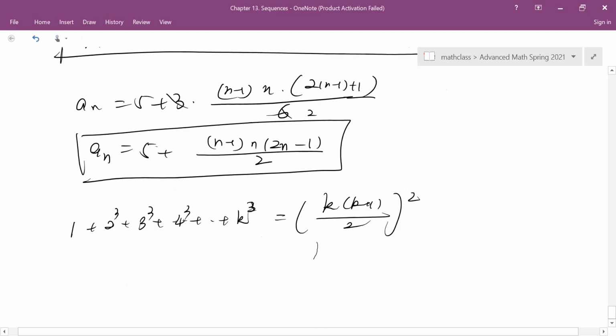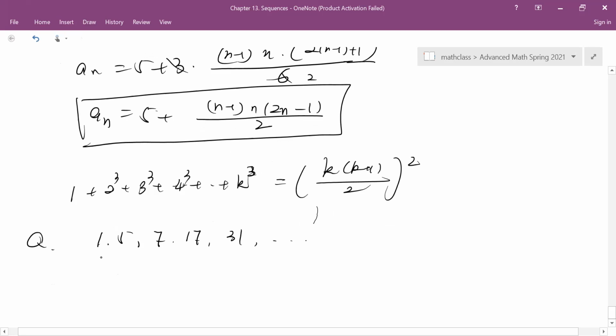I did not have time to talk about other problems, but let me just mention this one. It doesn't always take a difference. Like this one, you have to see the patterns to figure out how to get the next term.